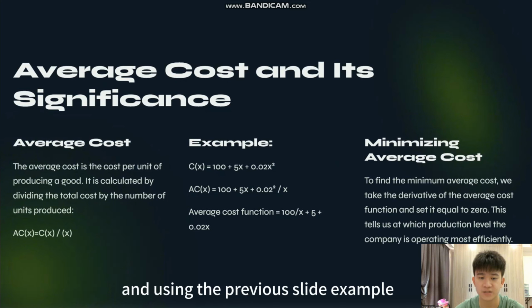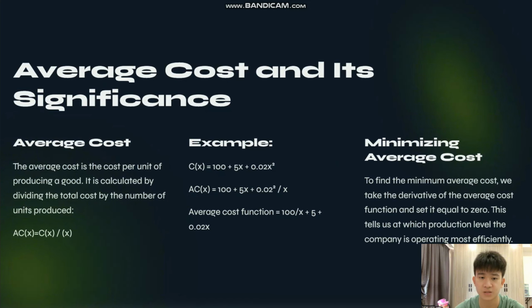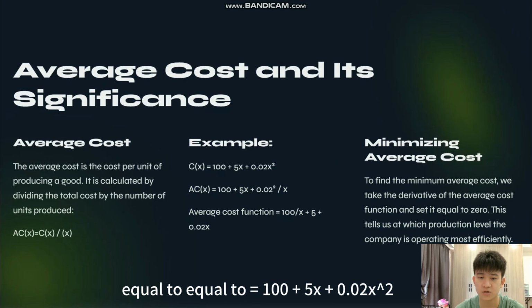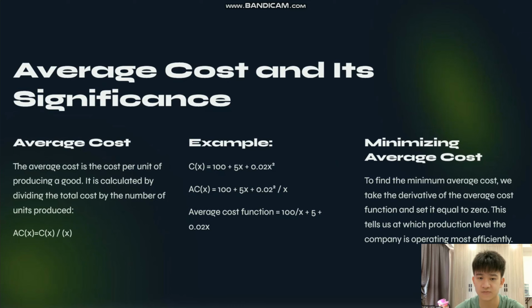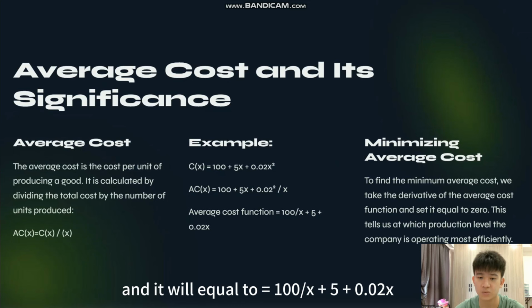Using the previous slide example, if C(x) equals 100 plus 5x plus 0.02x squared, we can find the average cost by dividing this function by x, and it will equal 100 divided by x plus 5 plus 0.02x.